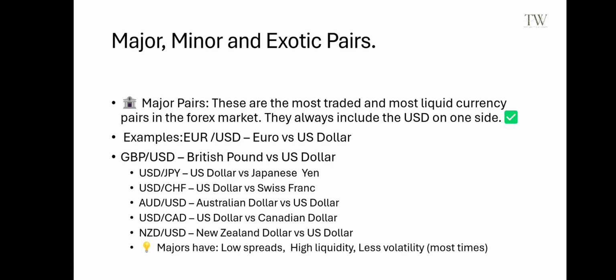For example, we have EUR/USD, and in this pair the euro is the base currency and the USD is the quote currency. In GBP/USD the case is the same, but in USD/JPY the case is not the same: the US dollar is the base currency and the JPY is the quote currency. We have USD/CHF, AUD/USD, USD/CAD, and NZD/USD.